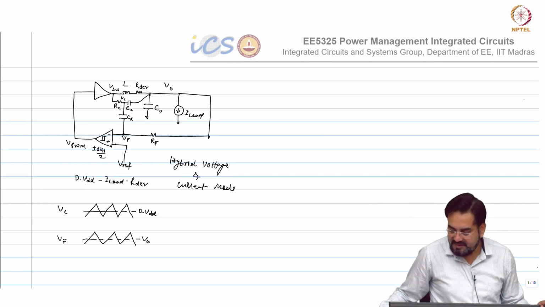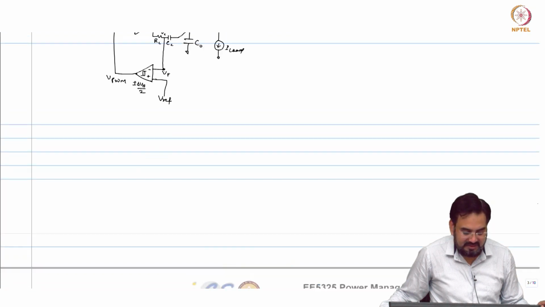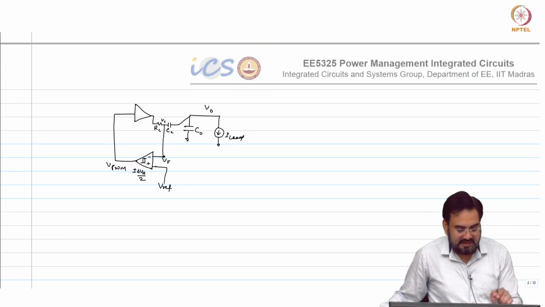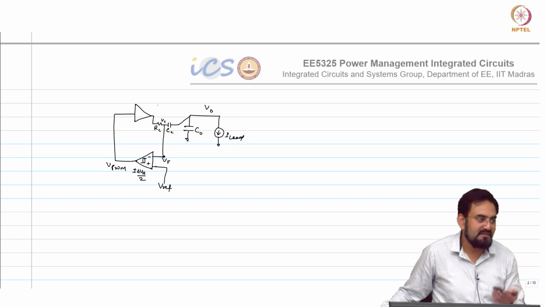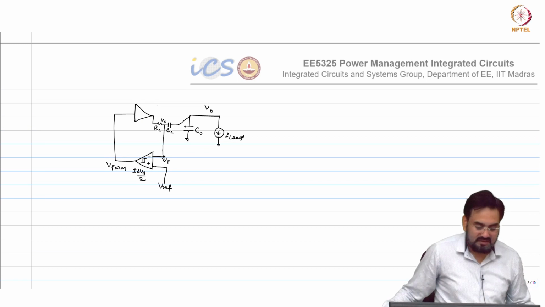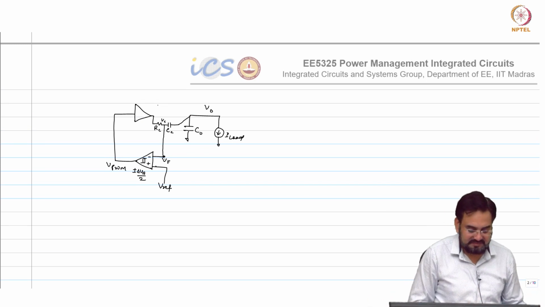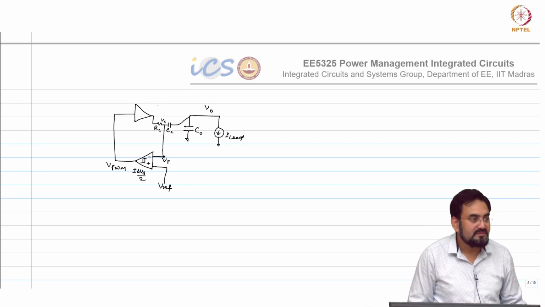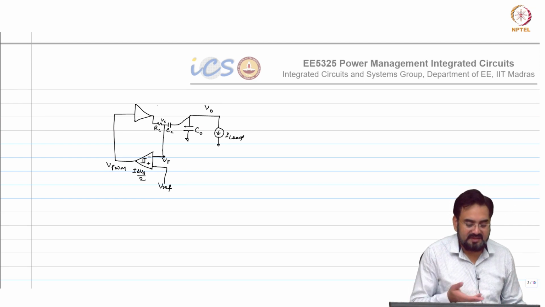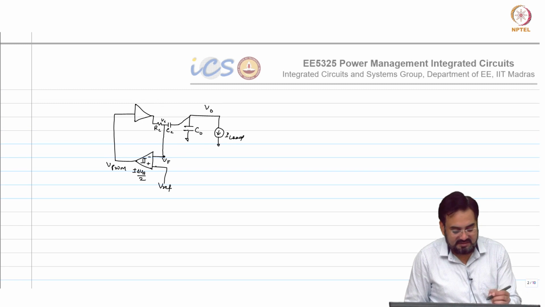If I remove everything and keep only this comparator and RC component, you can think of the gate driver as acting only as a buffer. So, what exactly is this? Not a filter, but this is acting like an oscillator.